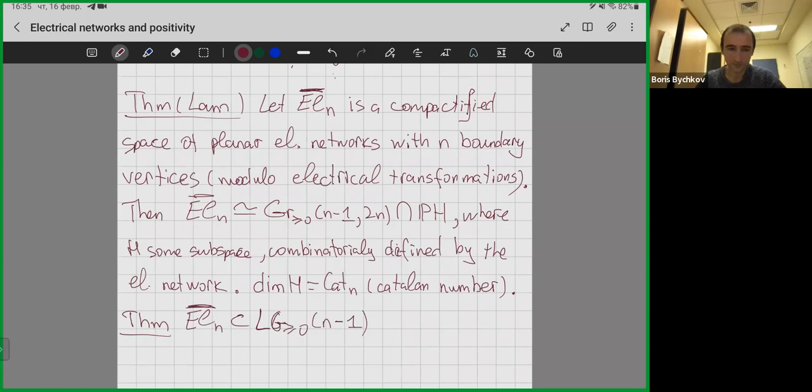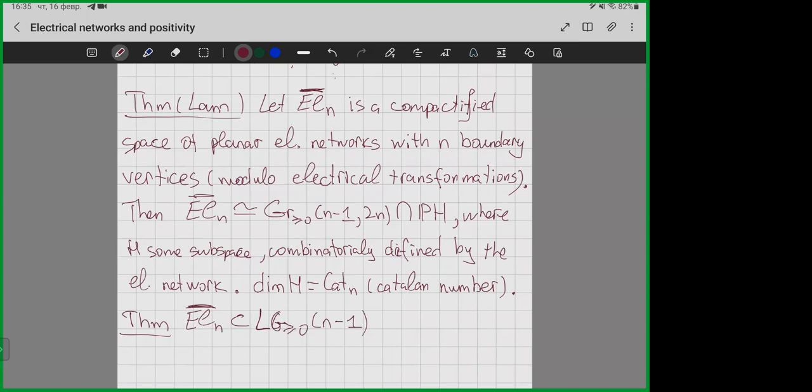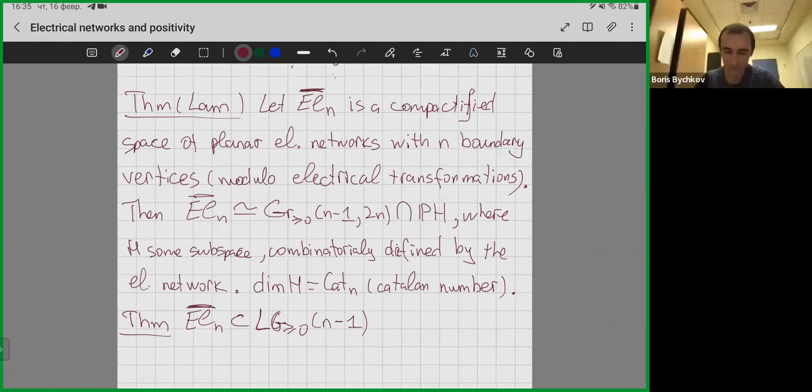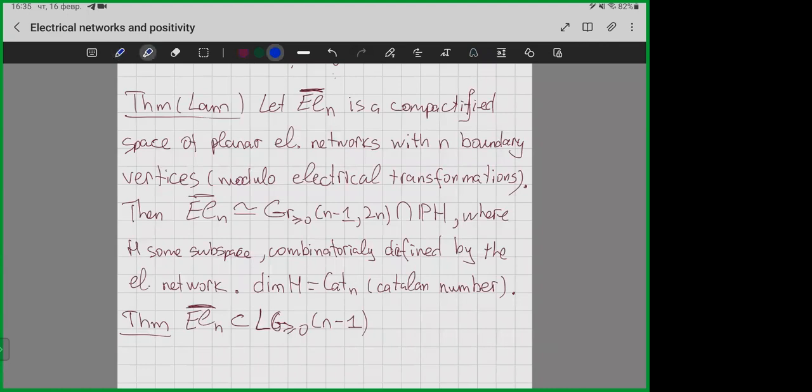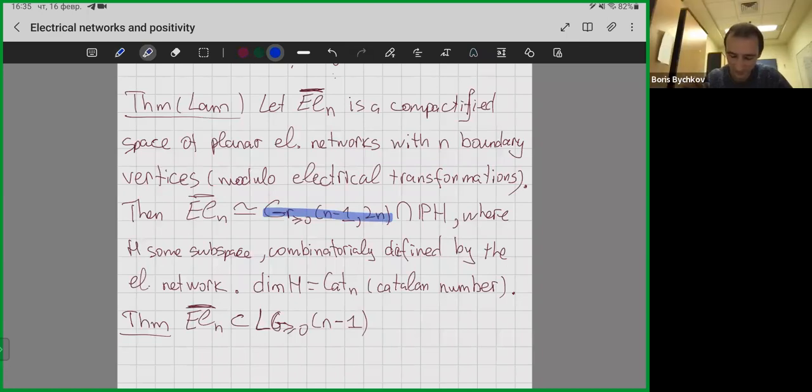So once more, Gr positive n minus 1 to n. It's not Lagrangian. Yes, yes, it's just a Grassmannian.